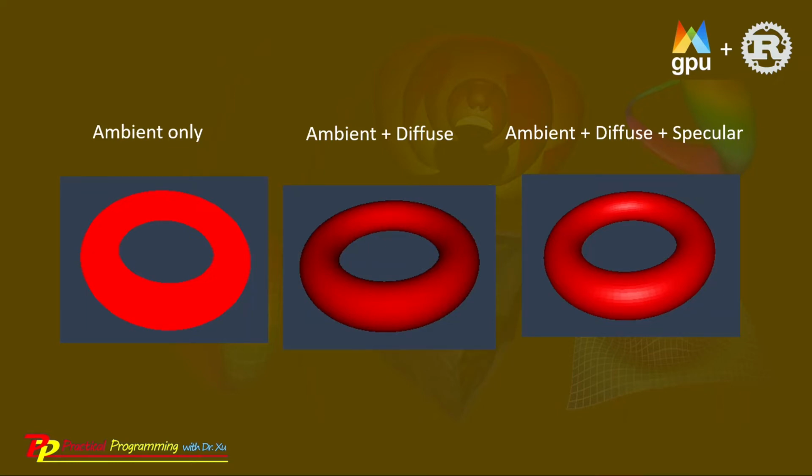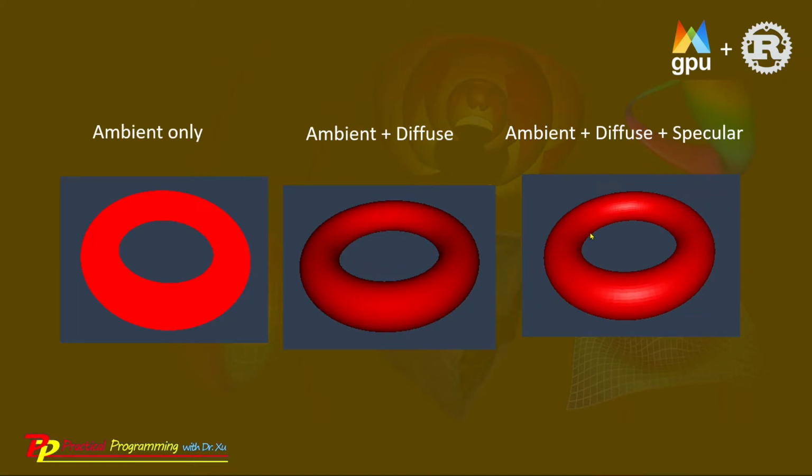You can see that the torus with only ambient light looks flat. The torus with the diffuse light has a 3D effect. The torus with the specular light looks more realistic.